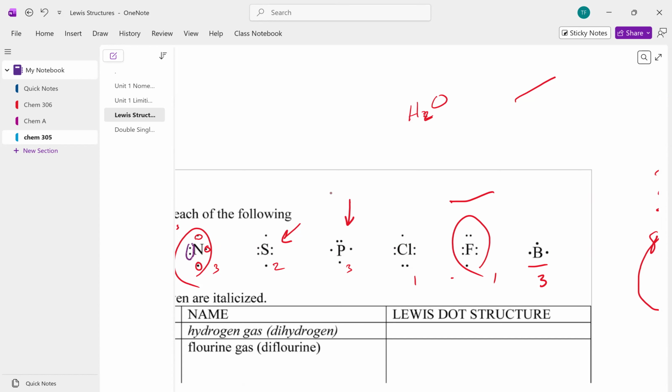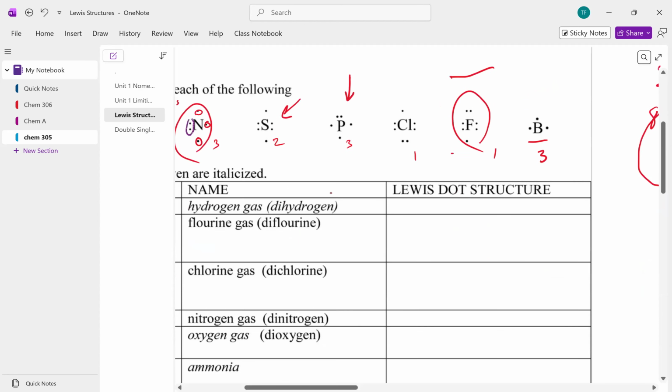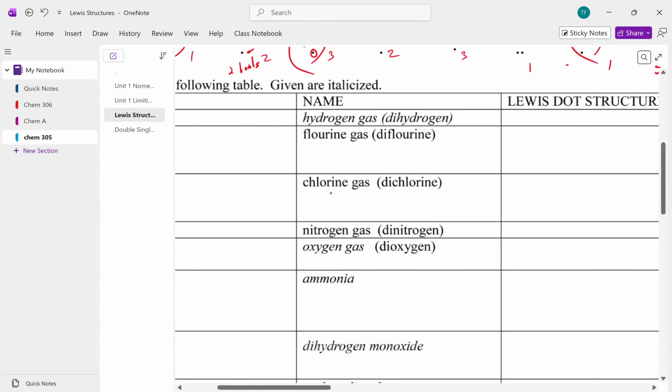And that's what Lewis dot structures are all about, to give it some kind of shape to the formula, mostly two-dimensional. And then you can predict physical characteristics of that molecule based on its shape. Okay, so let's do some of these problems here.